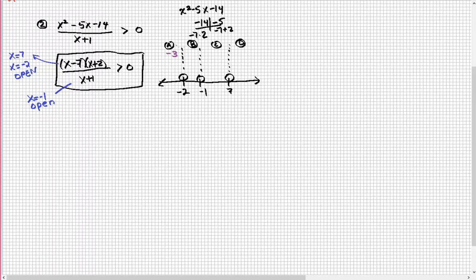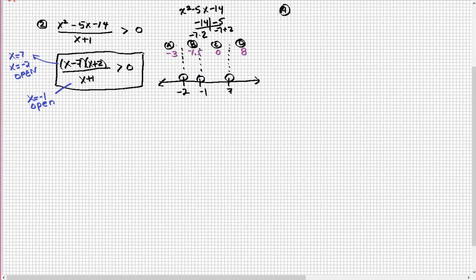The mouse disappears from time to time. -3, between -2 and -1, -1.5, between -1 and 7, 0, greater than 7, 8. So I am going to test all of these points, and you should do the same.